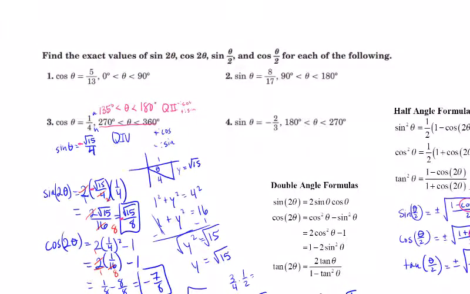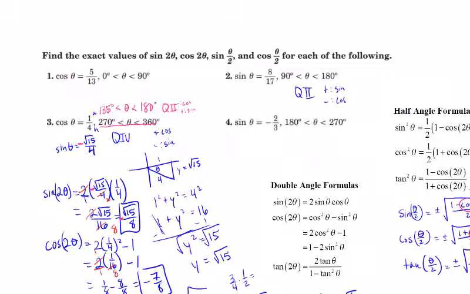Let's just go through real quickly, and we won't do 2 and 4, but let's just talk about the signs. So here from 90 to 180, that's quadrant 2, right? And so for our initial, sine's going to be positive, but cosine is going to be negative, right?